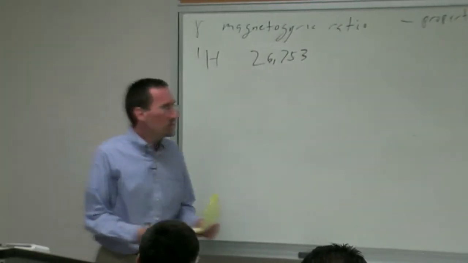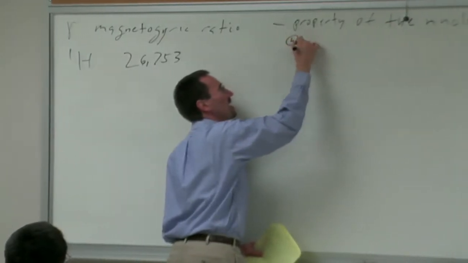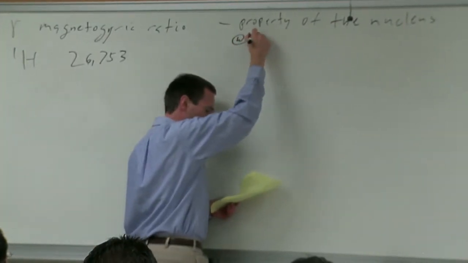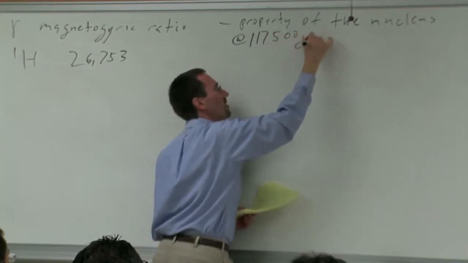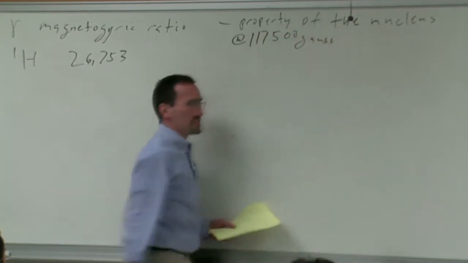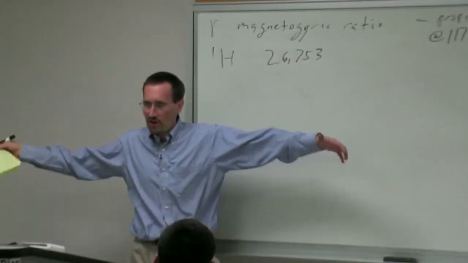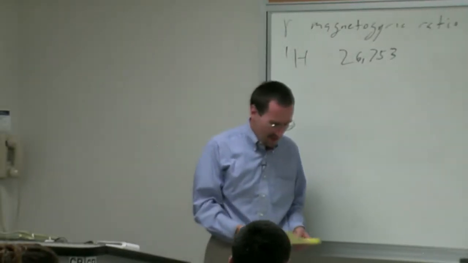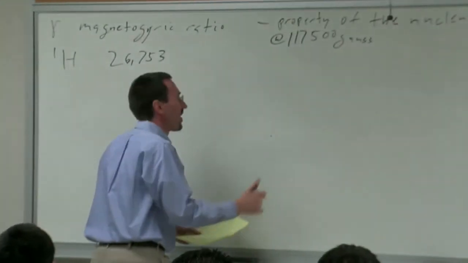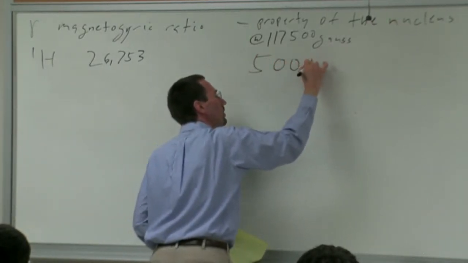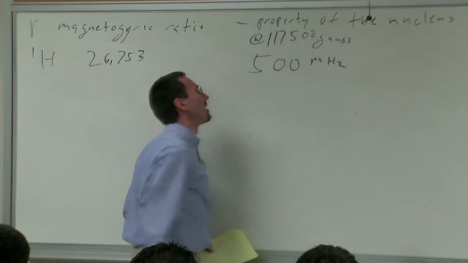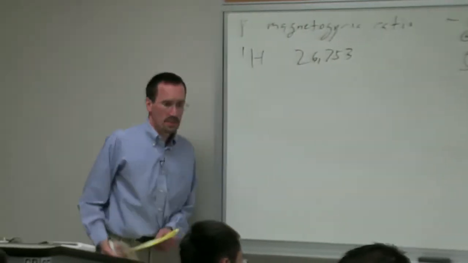And so just to put this into context, at 117,500 Gauss, in other words, a relatively large magnet, the nuclei flip their spin at 500 megahertz.